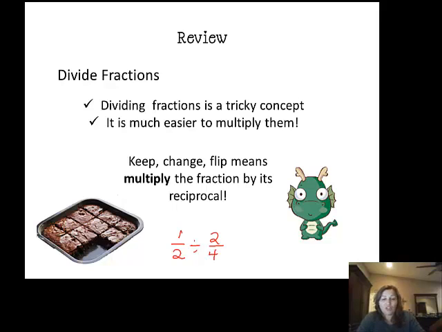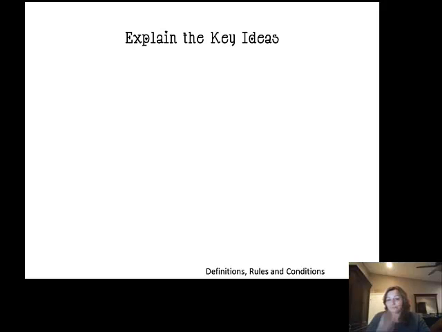The first fraction is going to stay the same, 1/2. I'm going to change that sign and make it a multiplication sign, and then I'm going to flip that second fraction, so I'm multiplying by that reciprocal. And then I just multiply straight across.